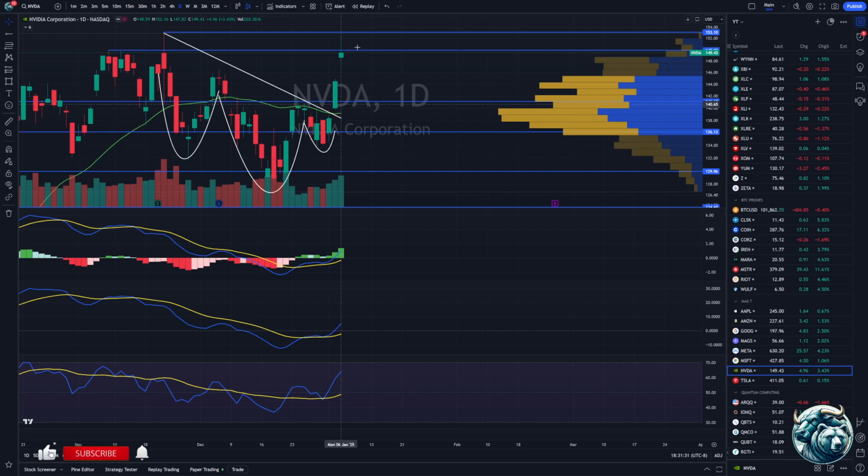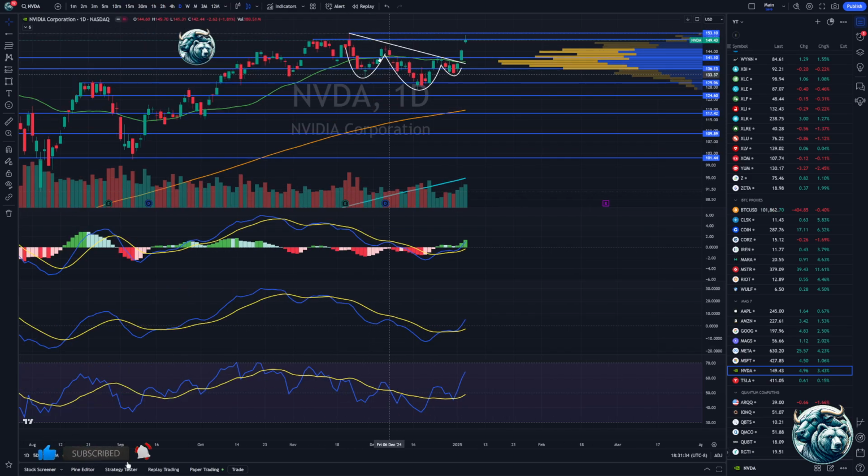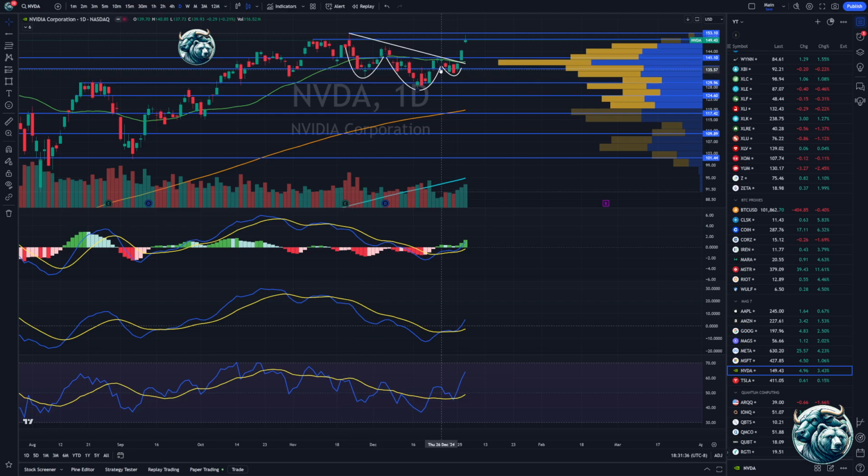One of the things that I mentioned in one of my videos, I don't remember which one, is that when you see this type of setup, meaning you have this head and shoulders right here, and a lot of people were afraid of this setup, in my opinion, when a setup fails to the opposite side, it tends to actually move quite fast in the opposite direction.